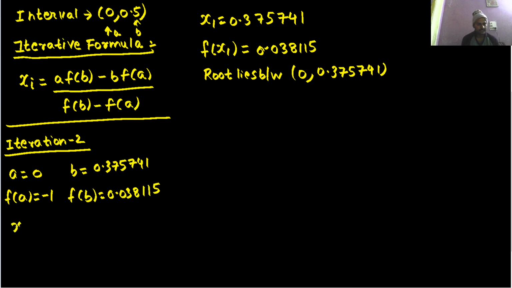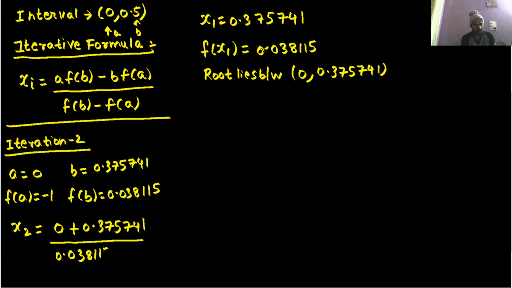Now let's find the second iteration value, which will be a times f of b, that will again be 0, minus b times f of a, that minus minus plus 0.375741 divided by f of b minus f of a, so that is 0.038115 plus 1. So let's calculate this value.